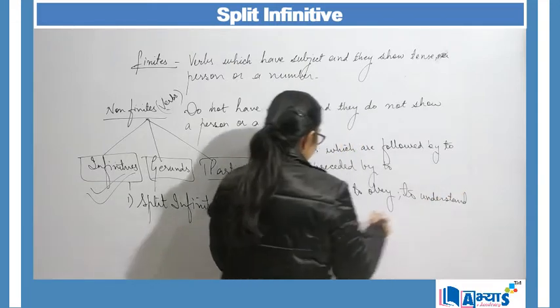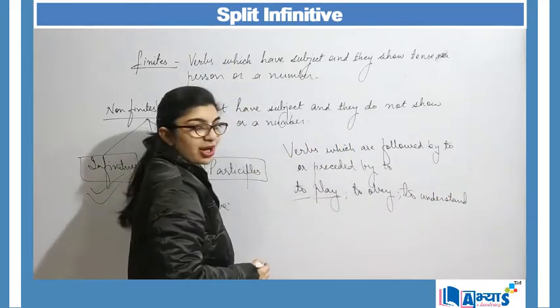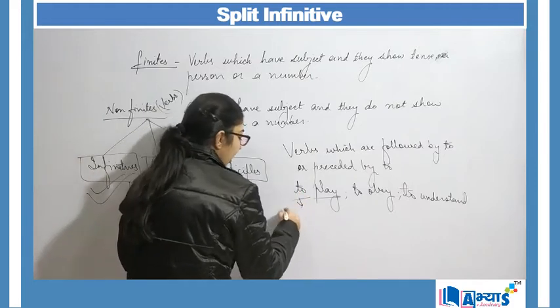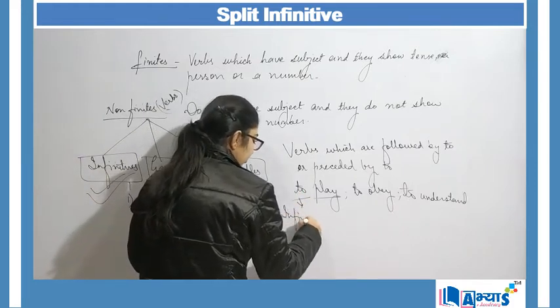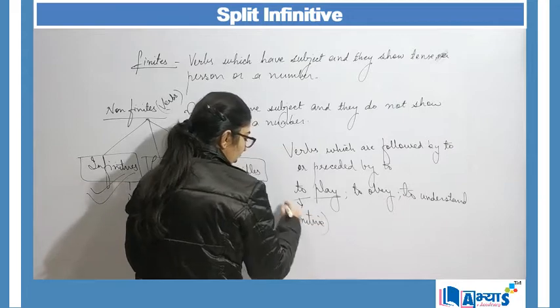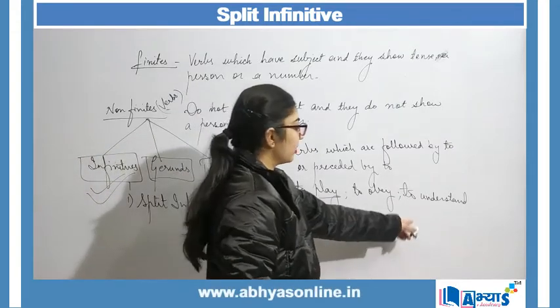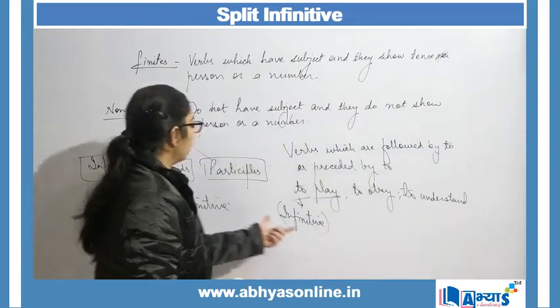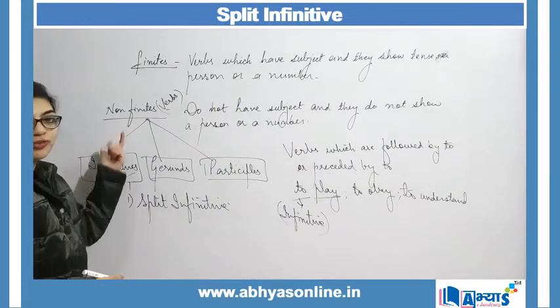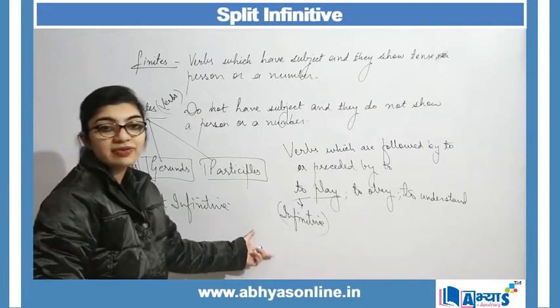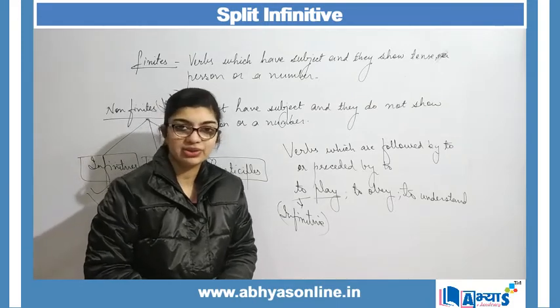So here I am saying to plus my verb. Here to is my infinitive. So infinitive plus verb, infinitive plus verb, infinitive plus verb. So here they are defined as non-finites, and here I am specifically talking about infinitives.